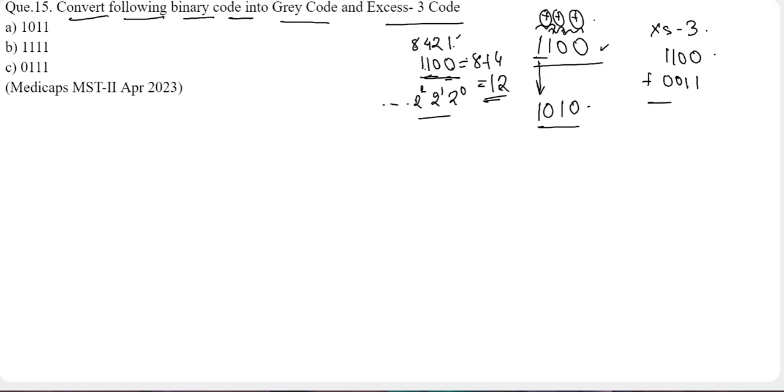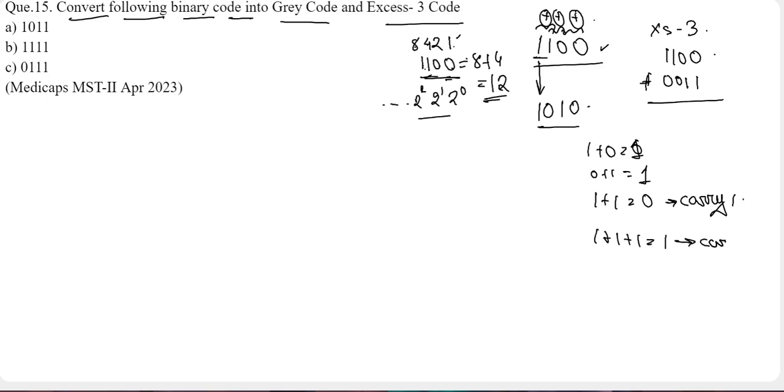So we can easily do the math now. We have to do the binary addition in this case. The rules of binary addition are quite simple: 0 plus 0 will be 0, 1 plus 0 will be 1, 0 plus 1 will be 1, 1 plus 1 will be 0 with a carry of 1, and 1 plus 1 plus 1 will be equal to 1 with a carry of 1.